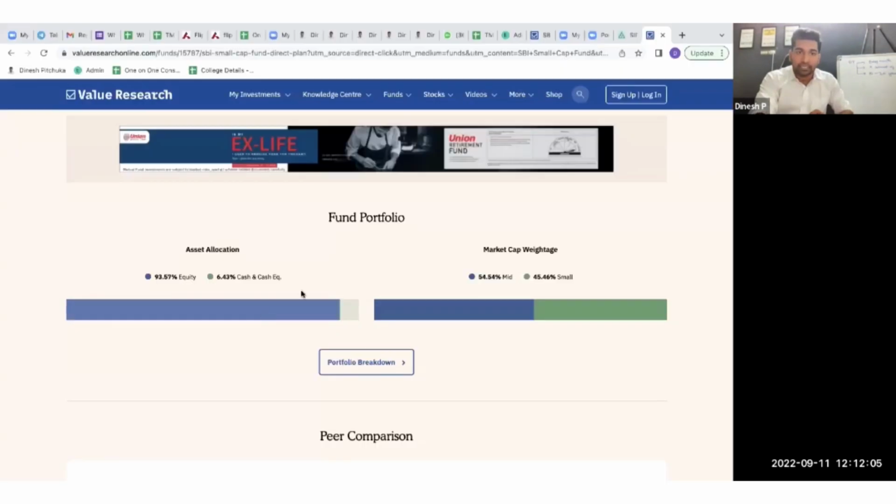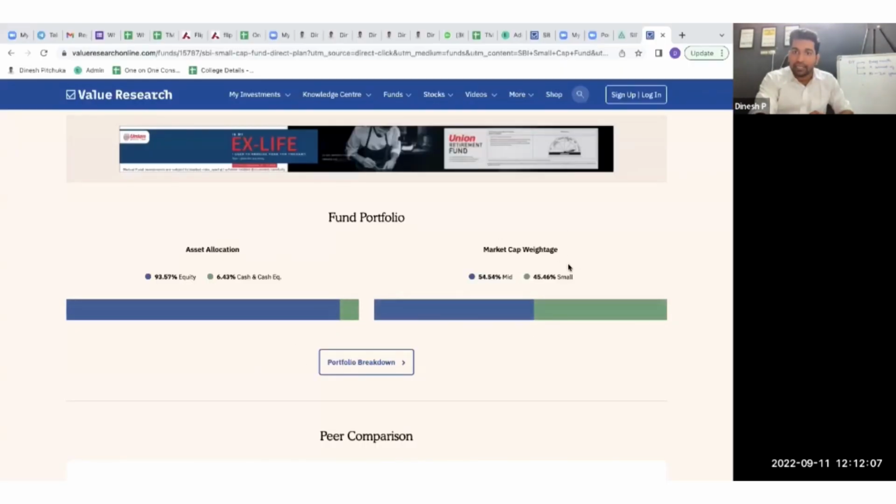I have some expenses, medical expenses or education expenses. What will they do? They have to give the money, right? They cannot sell the asset. They'll not be doing that. They always expect some fund outflow will be there. Based on that, they have kept some idle cash so that the portfolio should not be affected at any point of time. That is the reason cash has been kept here.